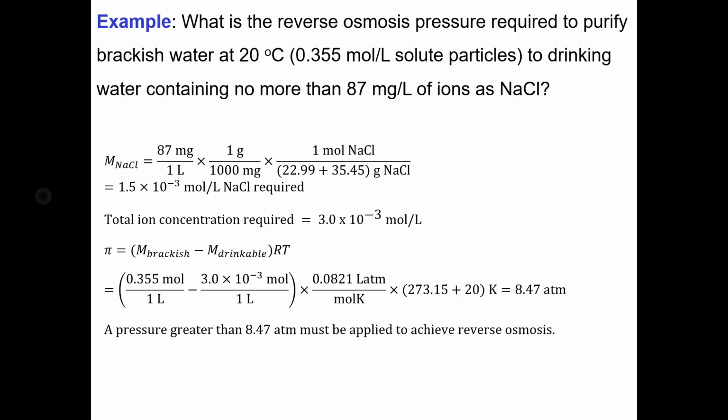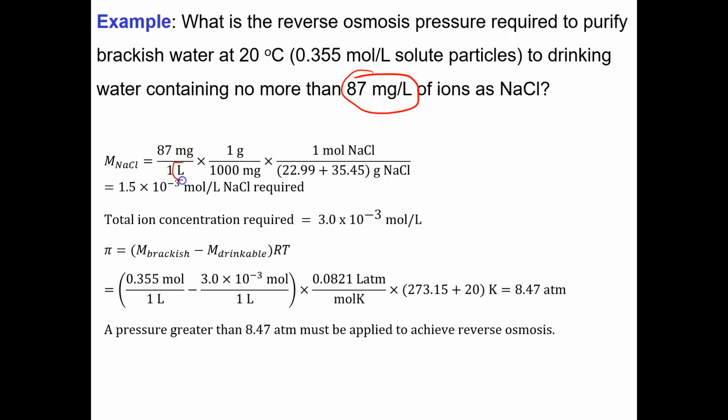chloride. Now, the first thing that leaps out to me is that this concentration here is given in milligrams per litre, and I need to be working in moles per litre whenever I'm doing anything with respect to osmotic pressure. So the first thing I'm going to do is take that 87 milligrams per litre and turn it into moles per litre of sodium chloride.